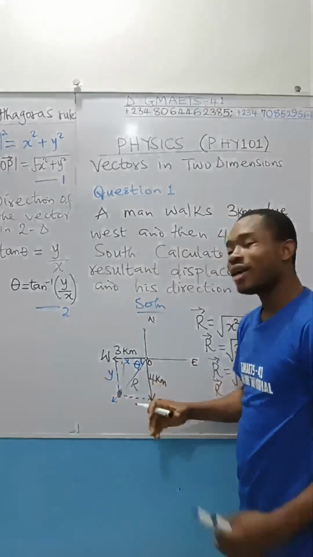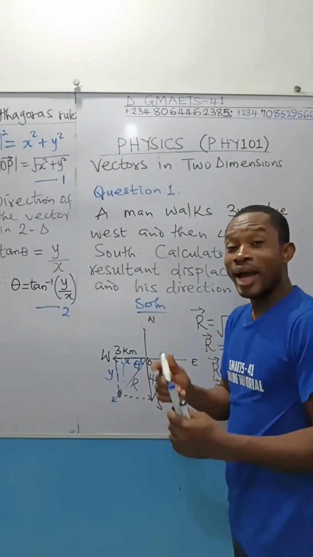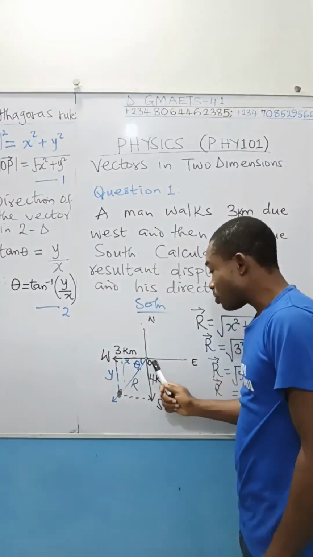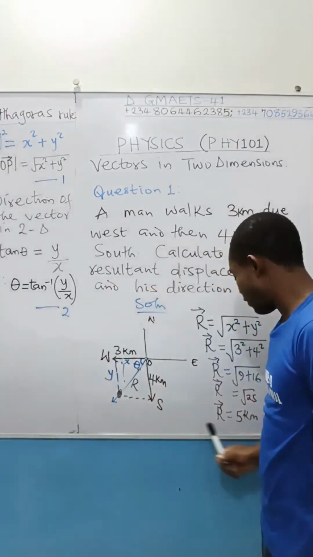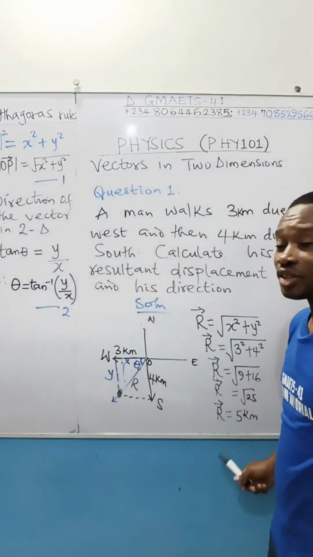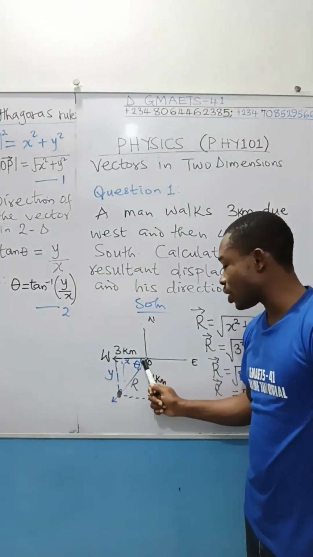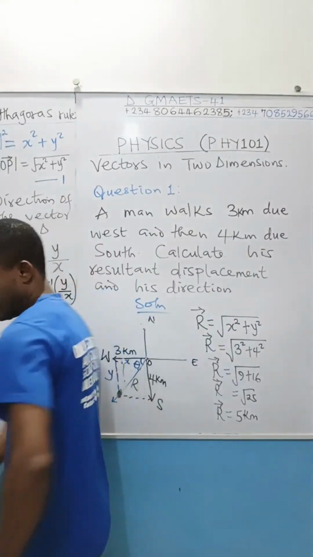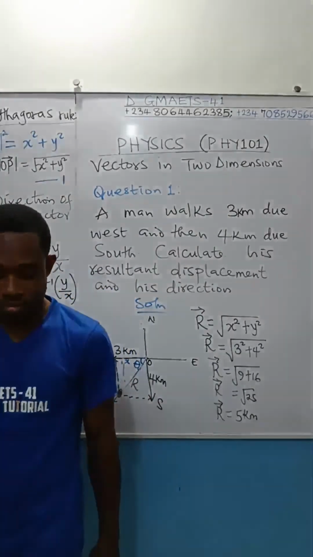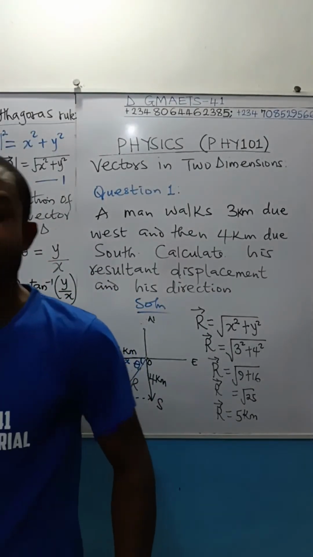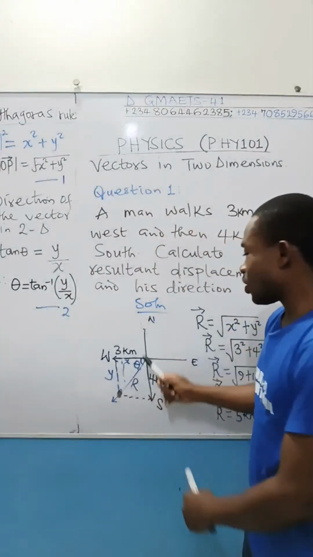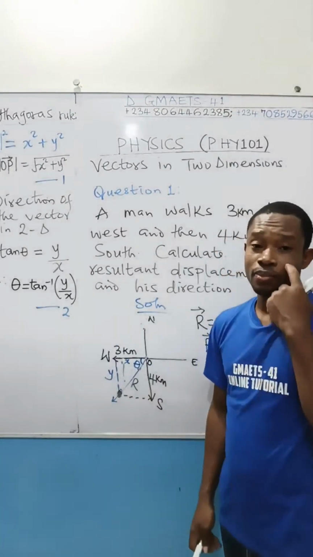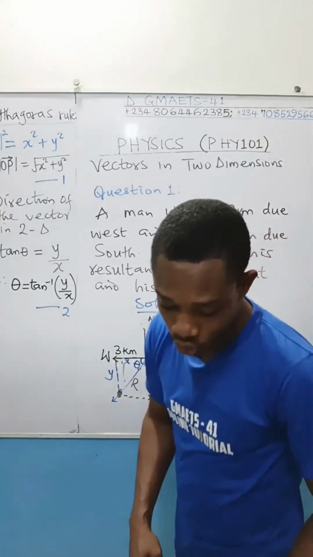The actual displacement of the man, which is the distance covered in a specified direction from his starting point, is actually 5 kilometers. If you were to go straight this way, instead of going like this and turning this way, stressing himself that way, he could go directly like this and locate the point which he wishes to be.